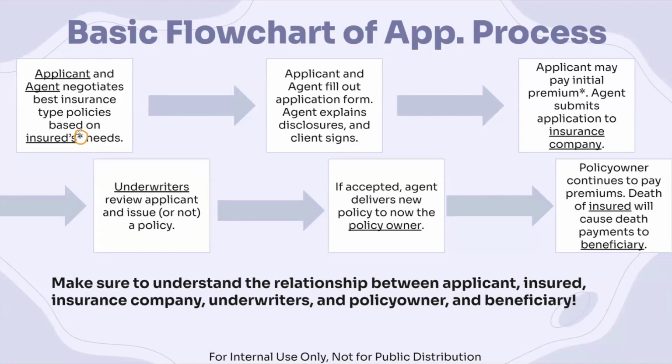Maybe you might be working with a mother, but the mother wants to insure her child. So we'll see along the way that the insured doesn't have to be the applicant or the client. They can be different depending on if the client is buying a policy for themselves, or if the client is buying a policy for other people, like the dependents.